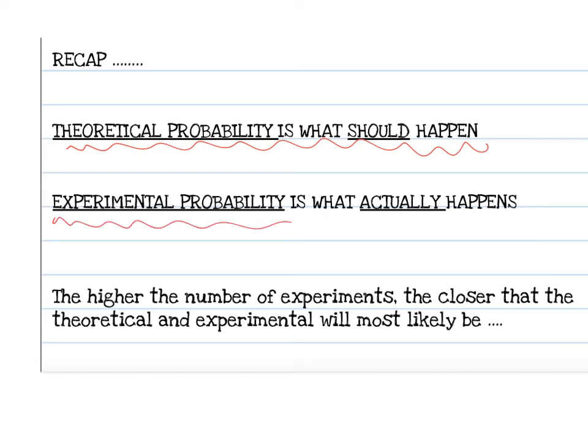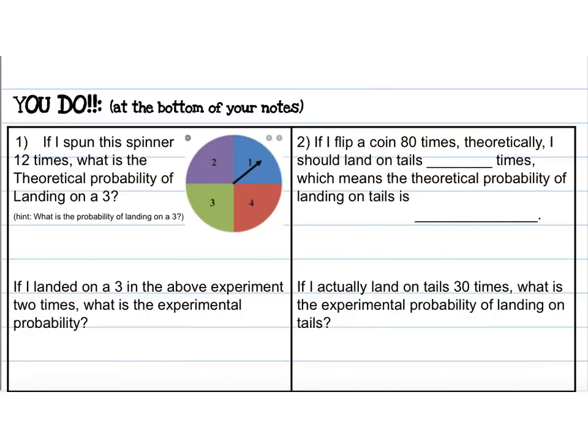Experimental probability is what actually happens. So I flip a coin 50 times, I get heads 30 times. So then 30/50ths is my experimental probability. And then, like I mentioned before, the higher the number of experiments, the closer the theoretical and experimental will most likely be. All right, here are your questions for you to solve.